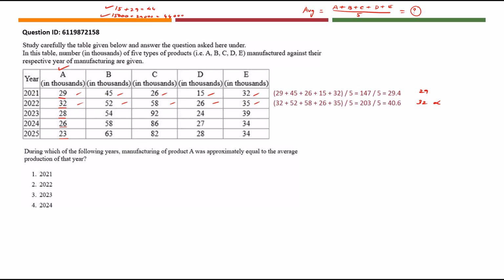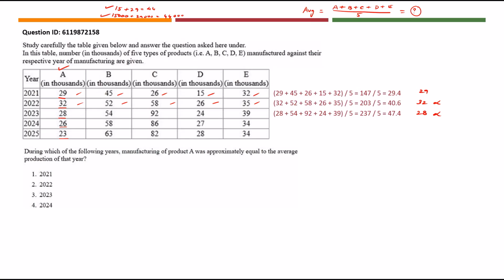What about 2023? 28 plus 54 plus 92 plus 24 plus 39. This will give a value of 237 divided by 5, which is equal to 47.4. The A's value will be 28. The range is actually differing here. This is also not the answer.